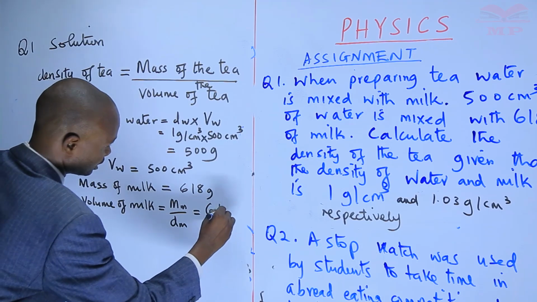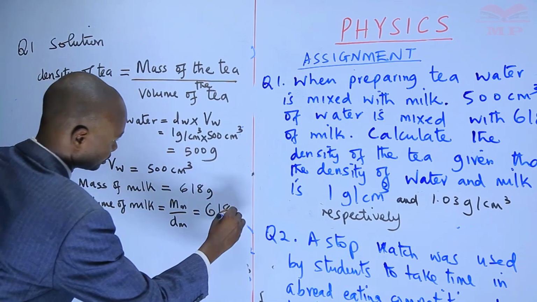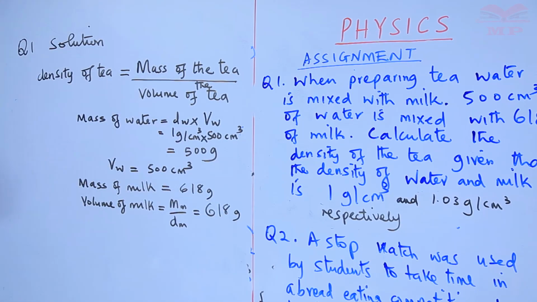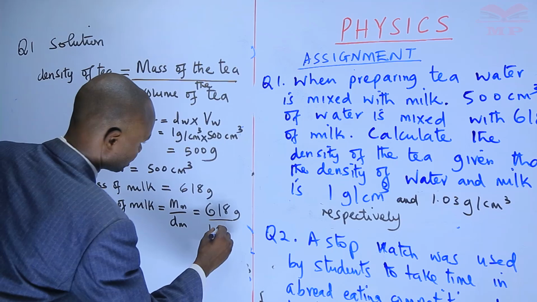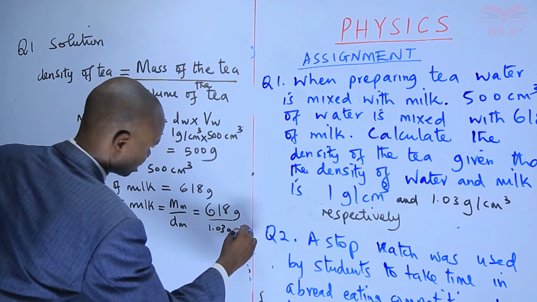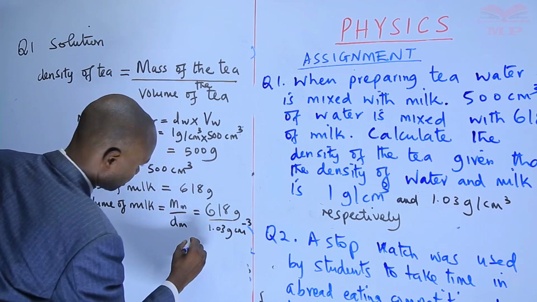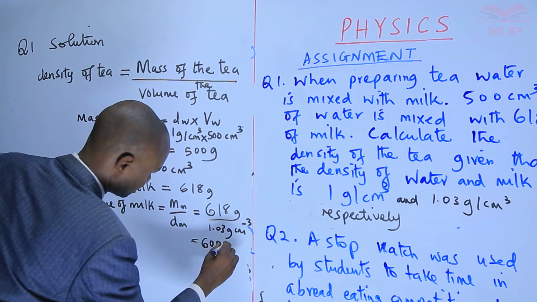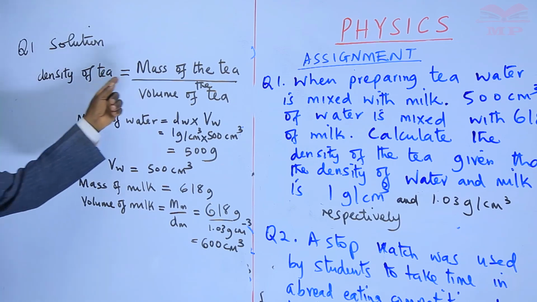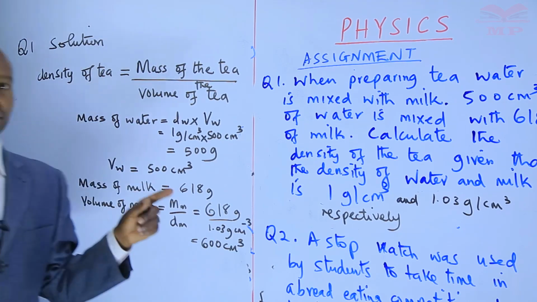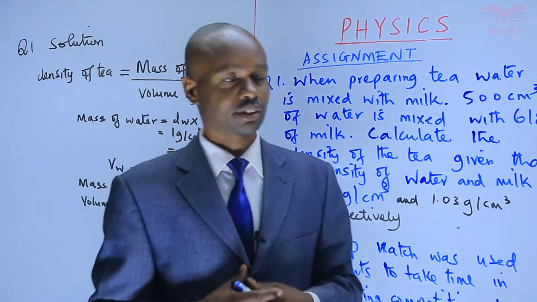This is 618 grams divided by 1.03 grams per centimeter cubed. We work out, we shall get 600 centimeters cubed.